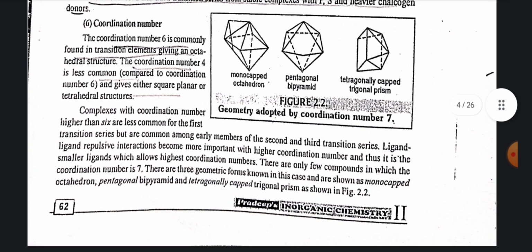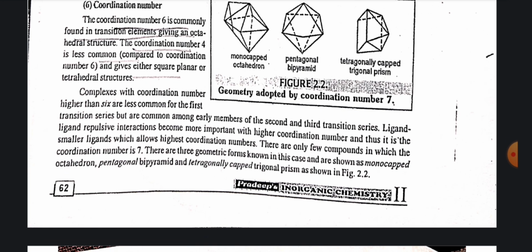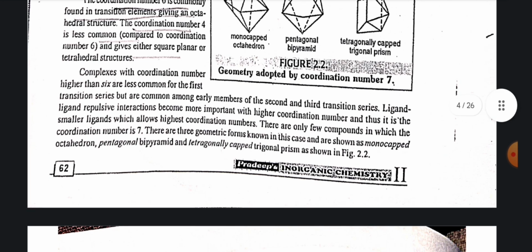Complexes with coordination number higher than 6 are less common for the first transition series but are common among early members of the second and third transition series. Ligand repulsive interactions become more important with higher coordination number, and thus it is the smaller ligands which allow the highest coordination numbers.